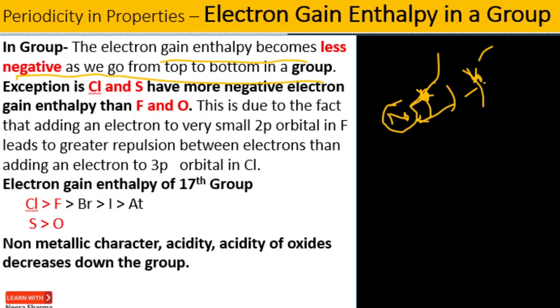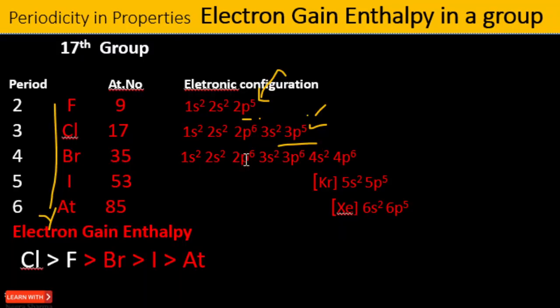Now in group 17, we have one exception: chlorine has greater electron gain enthalpy than fluorine. This is because in case of fluorine, the electrons are added to the 2p shell.